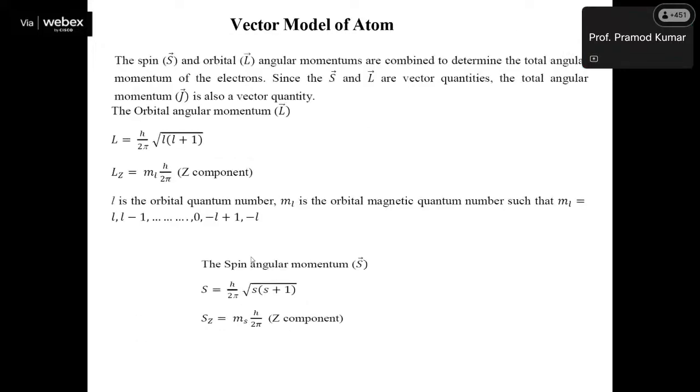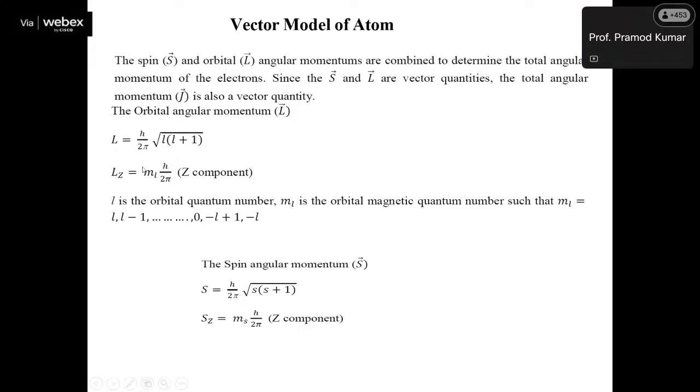So now that we have the orbital quantum number, the magnetic quantum number, and the spin quantum number, we have to move next to the resultant vector, which is basically called the total angular momentum, J equal to L plus S or L minus S, depending on the type of condition.